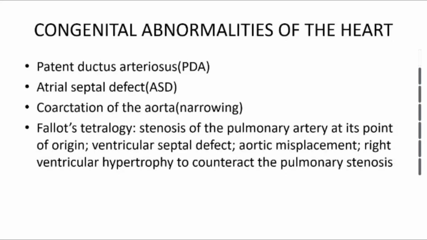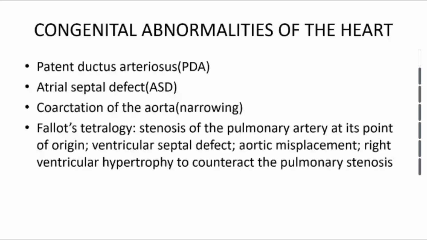There's something we call Fallot's tetralogy. When you talk of tetra, you're talking of four, so there are four anomalies there. There is stenosis of the pulmonary artery: the pulmonary artery is stenosed or narrowed at its point of origin, just as it leaves the heart. So we call it stenosis of the pulmonary artery as one of the tetralogy.